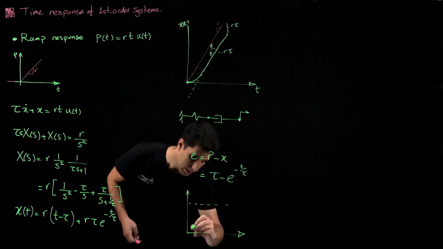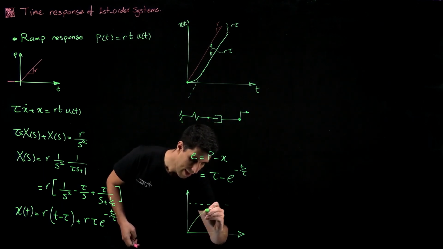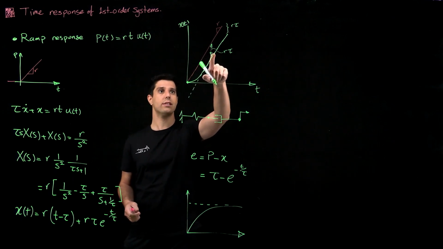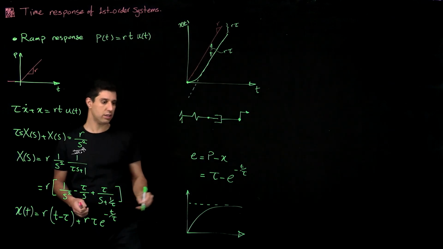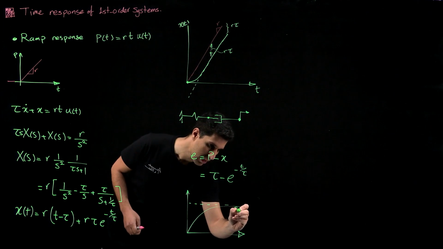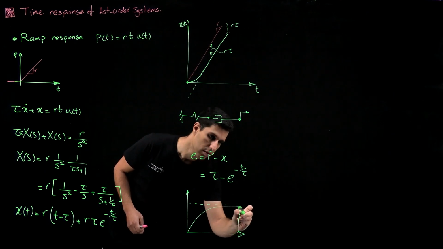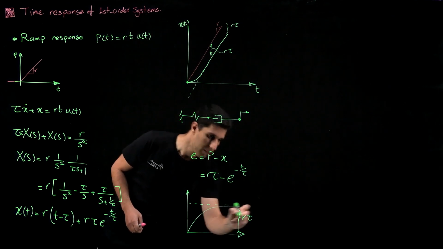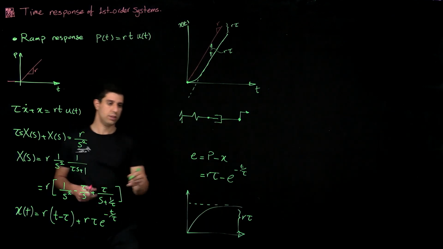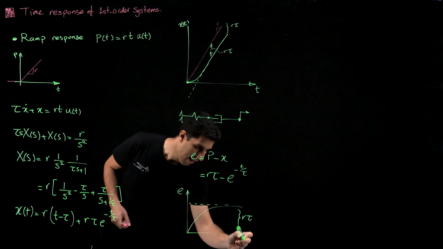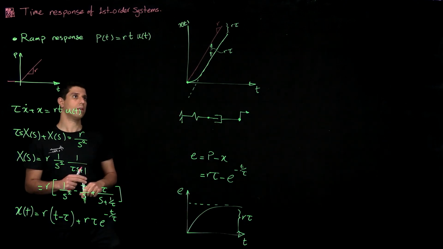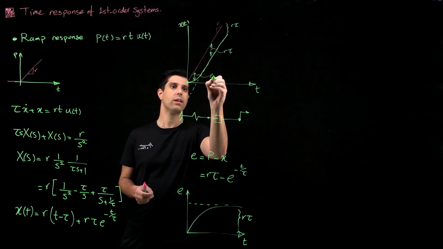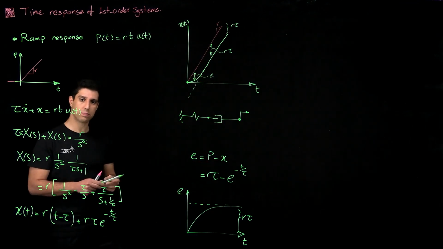That my error starts at 0, but eventually starts to lag behind until it reaches this steady state error of, I'm missing an R, R tau. So this is error as a function of time. That's what we are plotting.